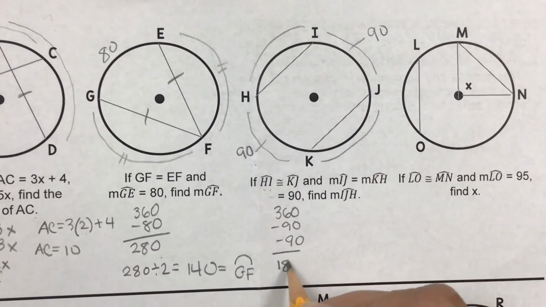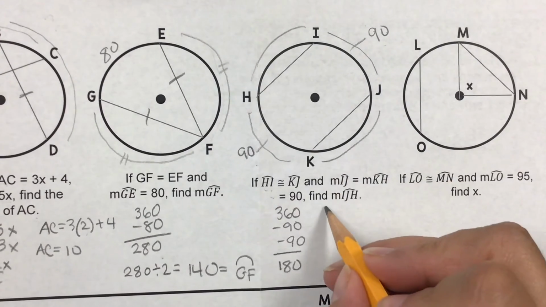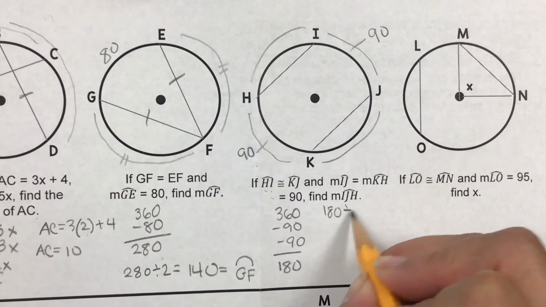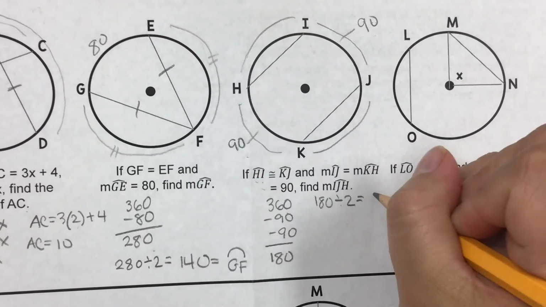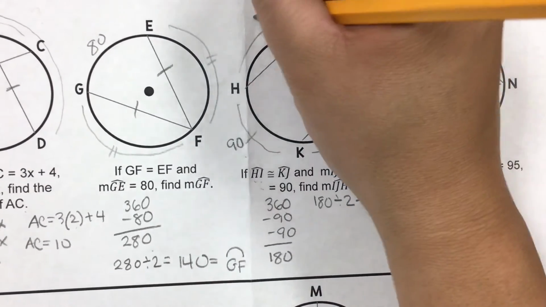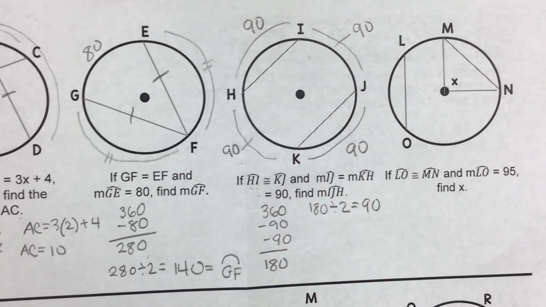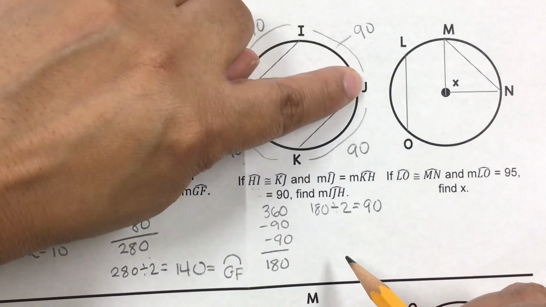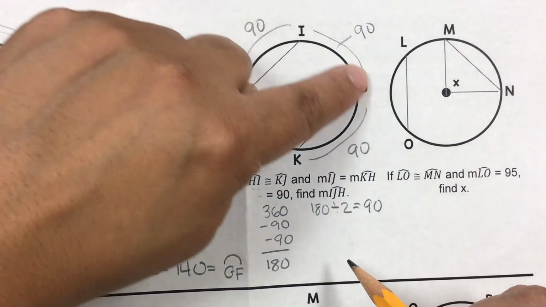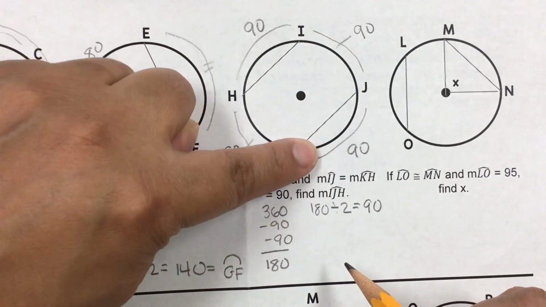And that gives me 180. 180 divided by 2, because both of these are equal to each other, gives me 90. That means this is 90, and this is also 90. Why does that matter? It wants the measurement of IJH. IJH is 90 plus 90 plus 90.